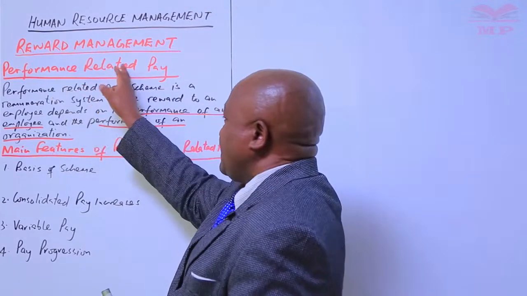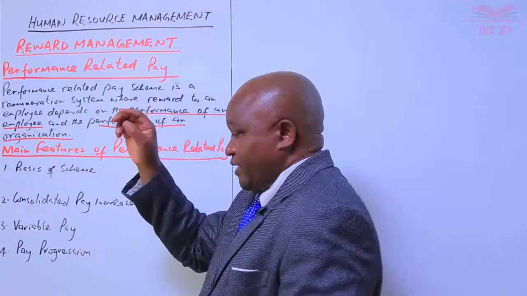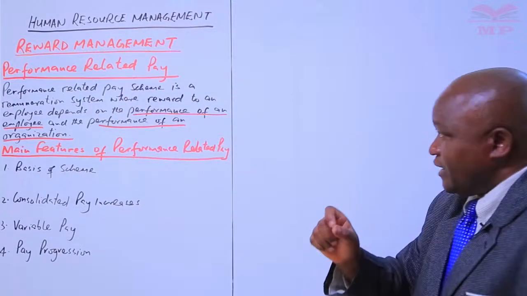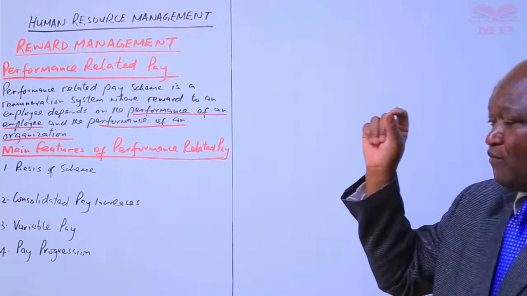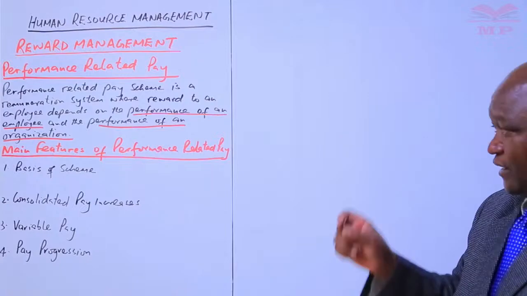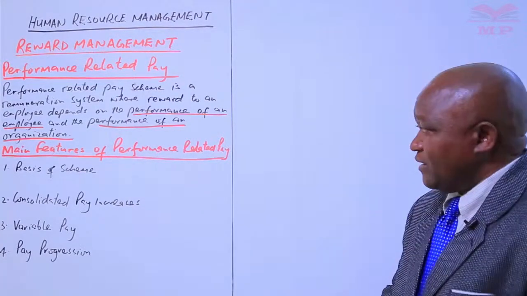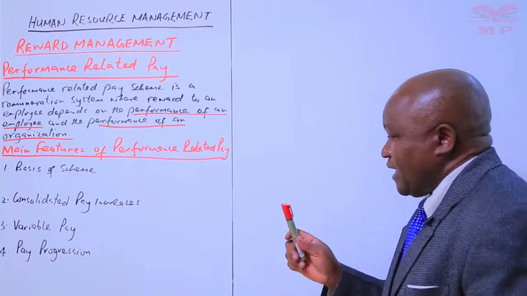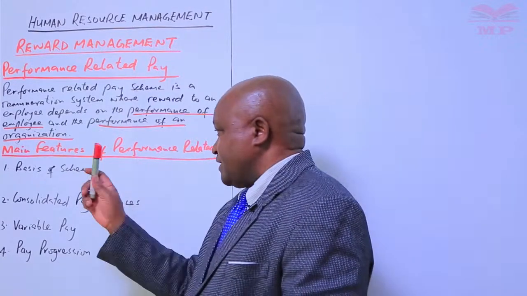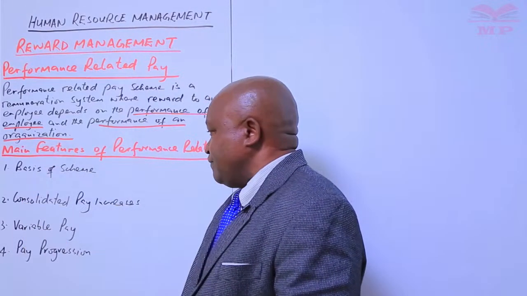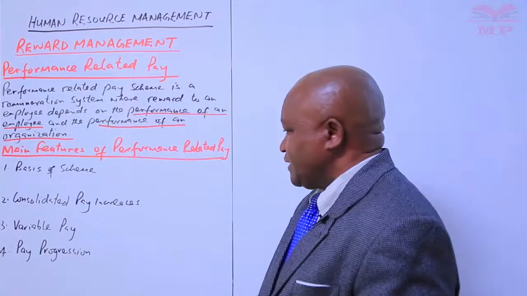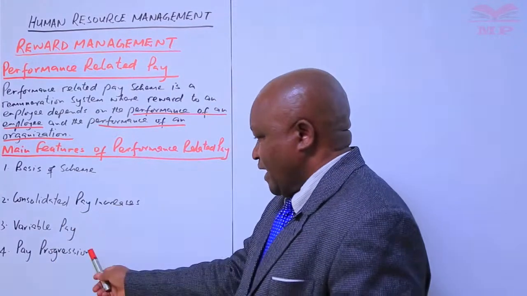And that's why the issue of relationship comes in. So the pay is at 2 performance levels. The employee is expected to perform at a particular level, and the organization itself is also supposed to have performed at a particular level for the performance-related pay. And these main features are the basis of the scheme: consolidated pay increases, variable pay, and pay progression.